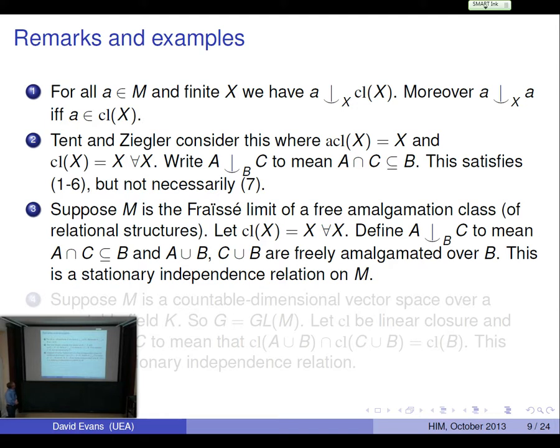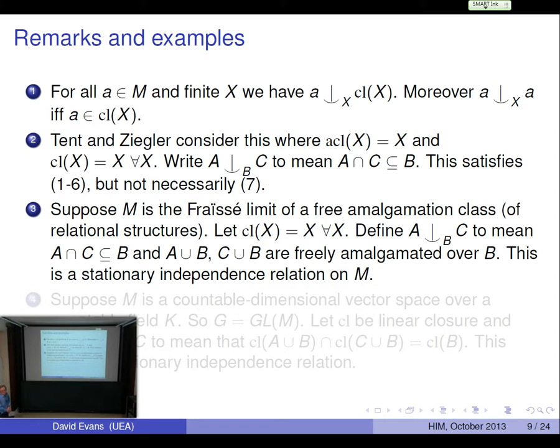Suppose M is the Fraïssé limit of a free amalgamation class of relational structures. So algebraic closure will be trivial in that case, and let's take our closure operation here to be trivial. So we define A independent from C over B to mean A intersect C is contained in B, and A together with B and C together with B are freely amalgamated over B. And this gives you a stationary independence relation.